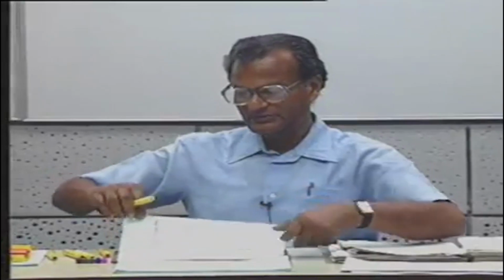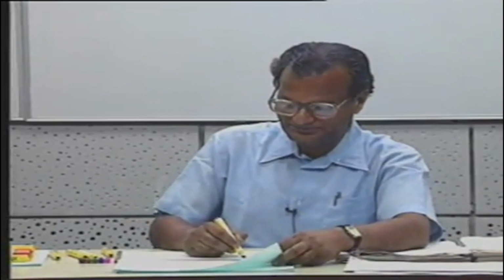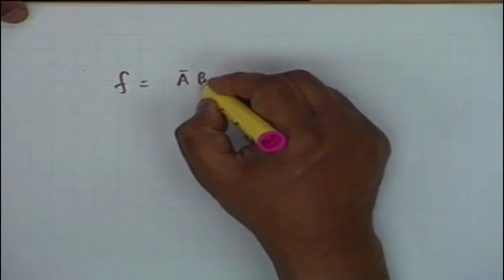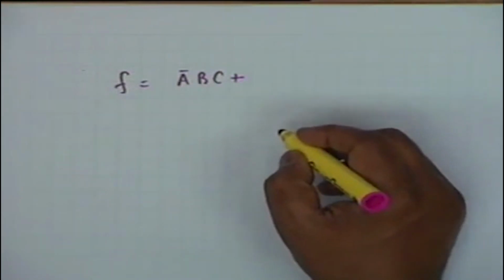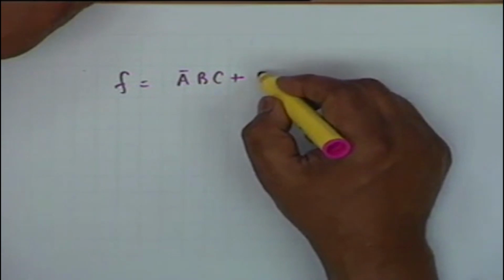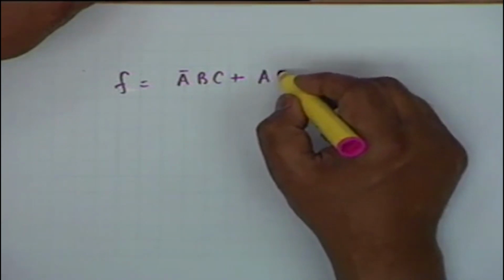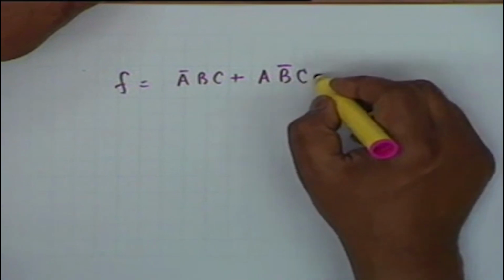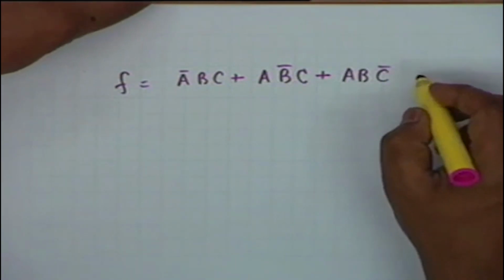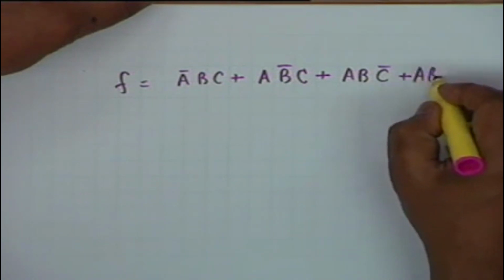And therefore, my F shall be equal to A bar B C plus, which means an OR, the next is A B bar C. The next is A B C bar, and the 4th one is A B C.